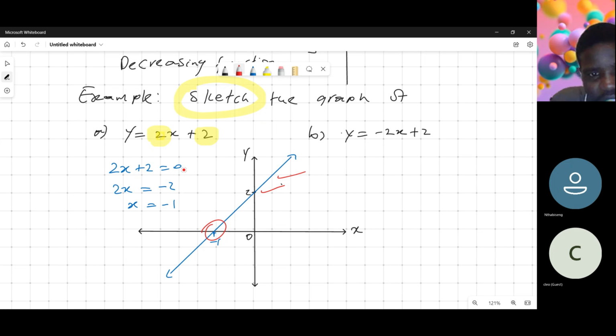If the gradient is negative, it means we're going to have a sketch that is like this. Another thing that we notice is that it's touching the y-axis at +2. It's going to pass there. Then the next thing, we draw our sketch. We know the shape, we know it's touching the y-axis. So let's go.